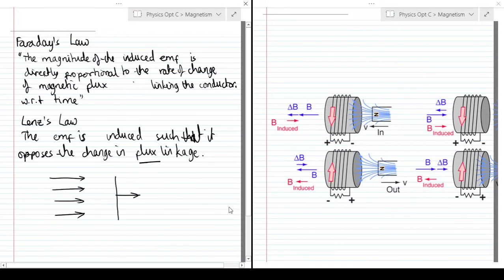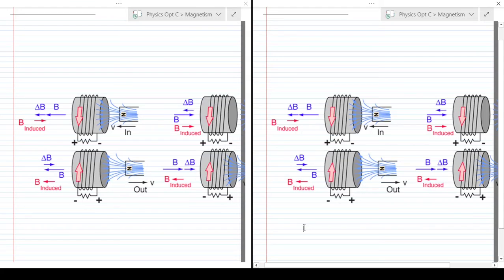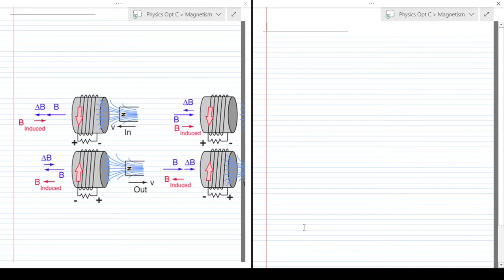Now, before I get to the equation, I just want to give you all an equation that actually is not on the syllabus, but I think it's a necessary part of studying magnetic flux density and flux linkage and changing flux linkage producing an induced EMF, right?